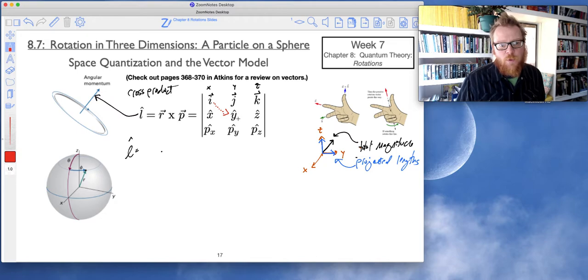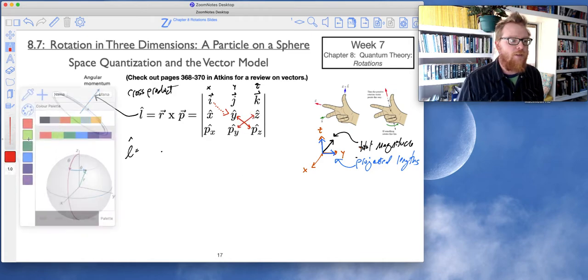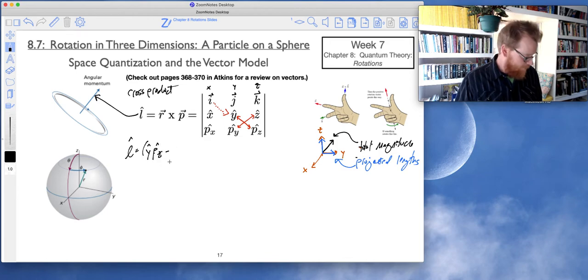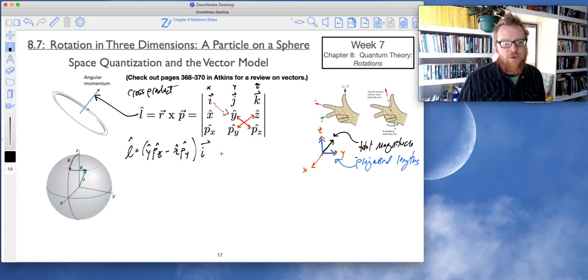Then we say y times pz minus z times py. So that looks like this: (y p_z minus z p_y), and that's all times vector i.